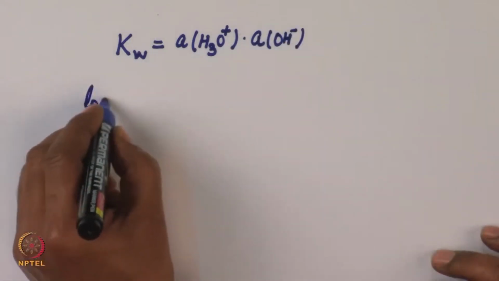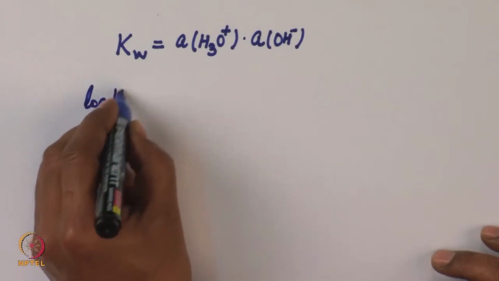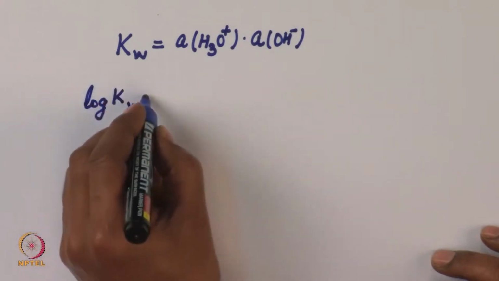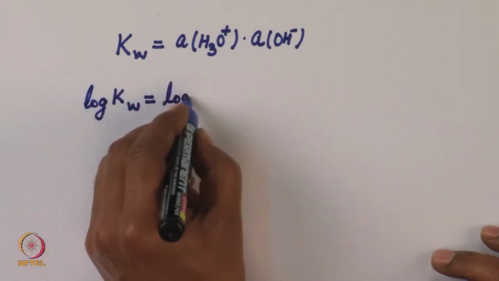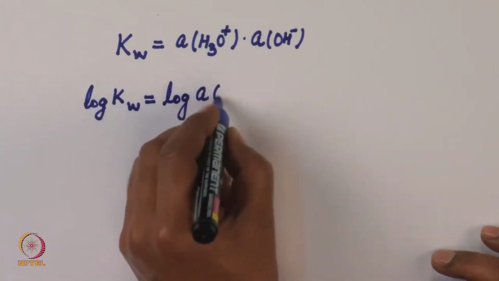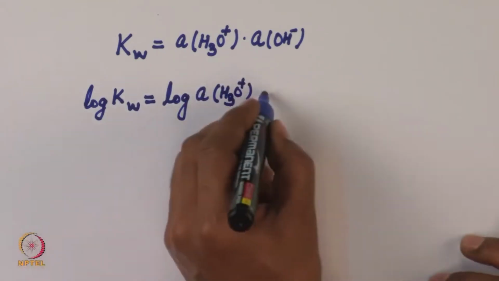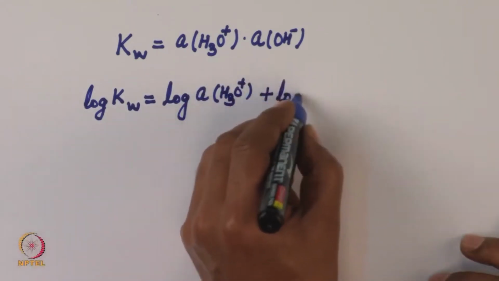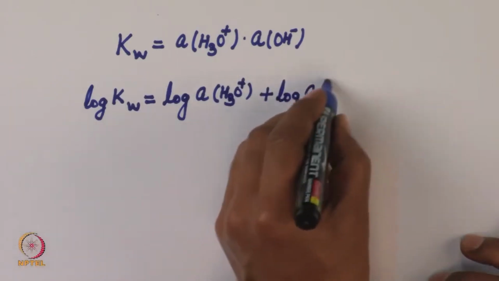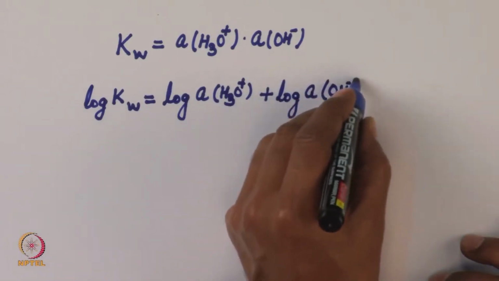Let me take log base 10: log Kw is equal to log activity of H3O plus plus log activity of OH minus.